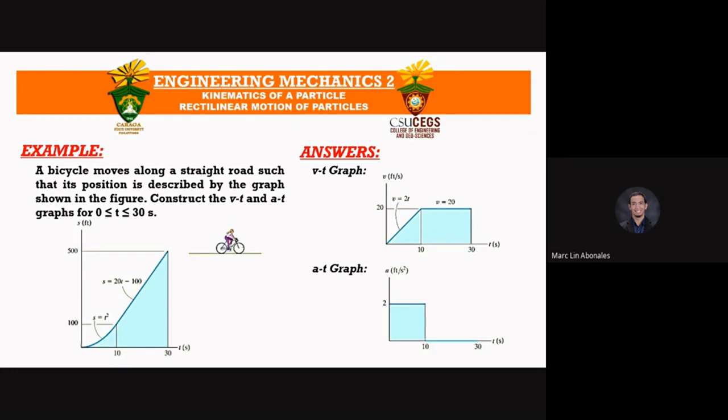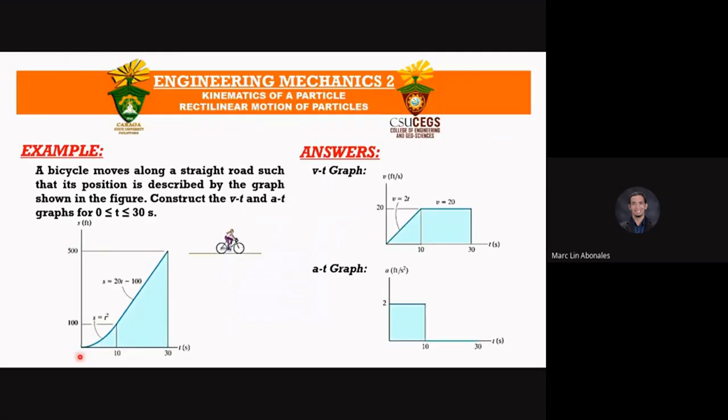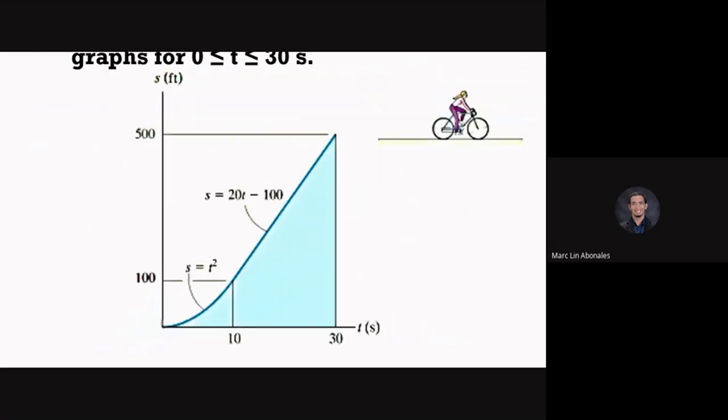It is erratic because if I zoom in, during the time interval 0 to 10, its function, or the description of its motion, is illustrated with s is equal to t squared.